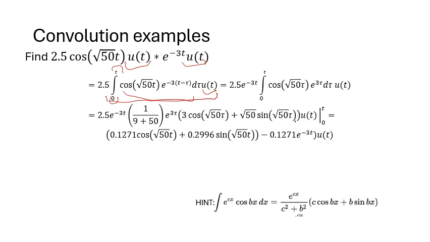And here, since the e to the negative 3t is only a function of time, we can actually take it out of the integral because the integral is in terms of tau. So we're left with this. To do this kind of integral, you typically go to a table of integration.